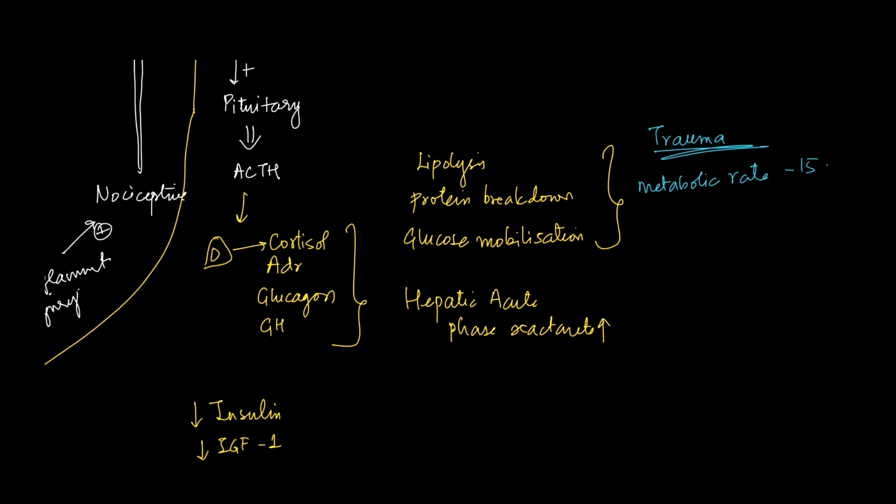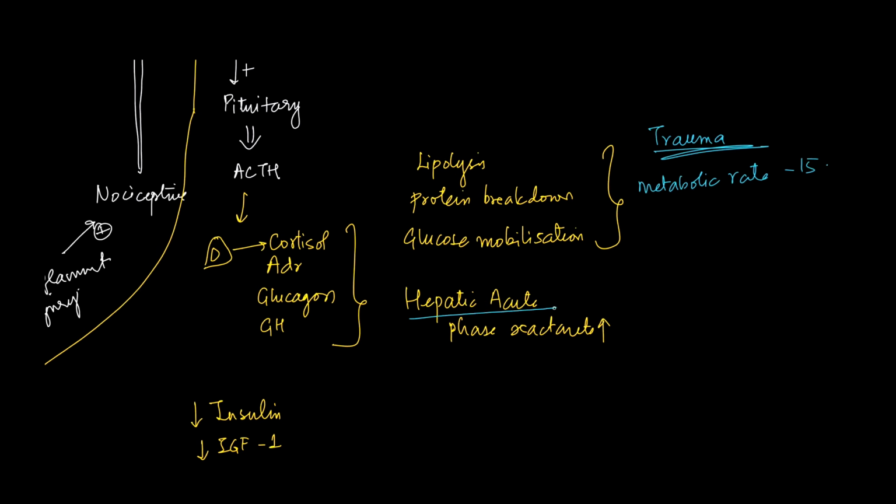And this cannot be counteracted by hyperalimentation, which is excessive feeding, because that in itself poses a metabolic stress. So the aim of feeding in such patients should be to attenuate this metabolic response rather than replace the energy and protein losses. So treating the hypermetabolism and alterations in skeletal muscle protein metabolism would be via providing supportive care, ensuring temperature regulation, bed rest, proper ventilation, and treating the septic episodes.